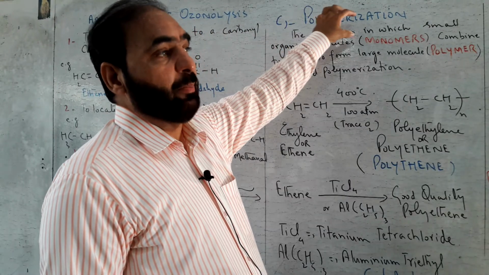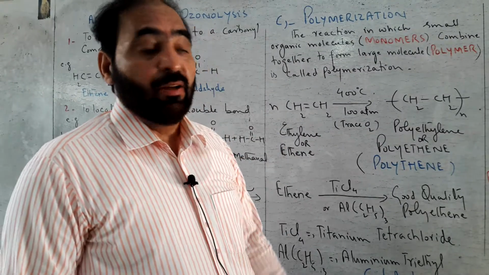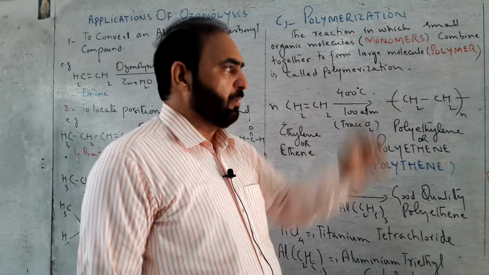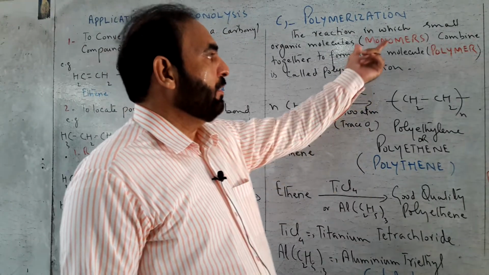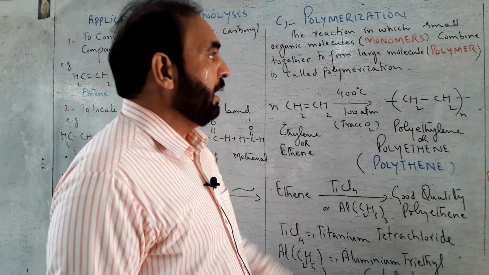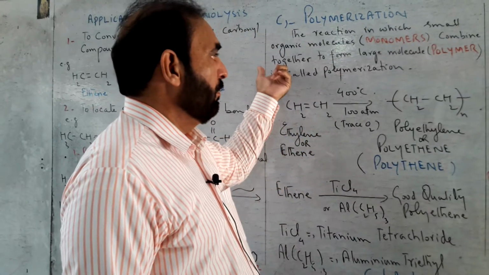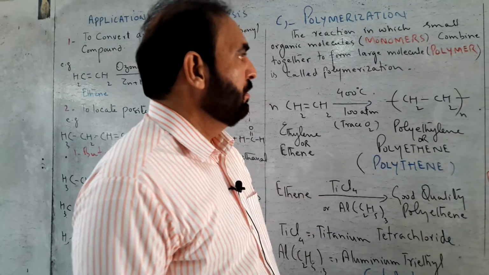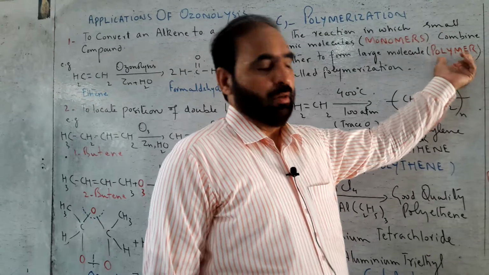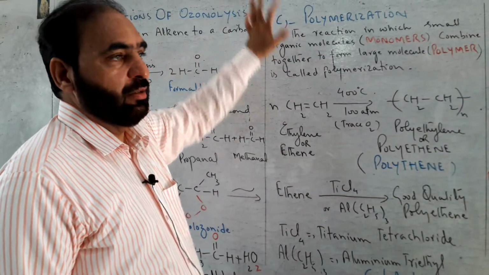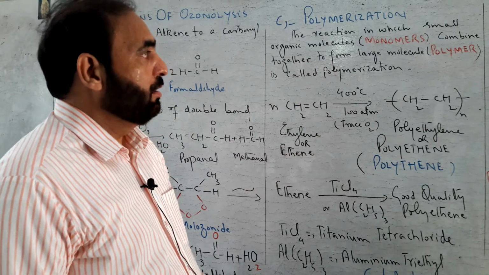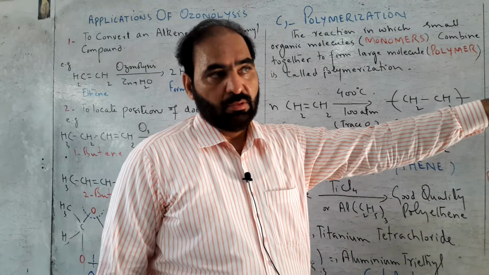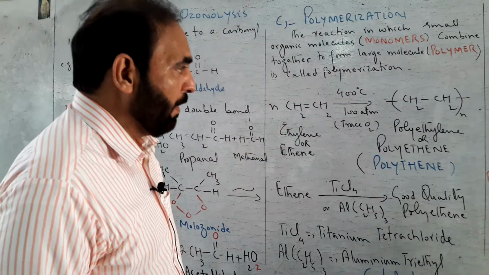Polymerization is a special type of reaction in which small organic molecules, a large number of small organic molecules, which are given the name monomers, combine together to form a large molecule, a single molecule but a large molecule, which is given the name polymer, and the process is called polymerization. That is, combination of monomers to form polymer is called polymerization.